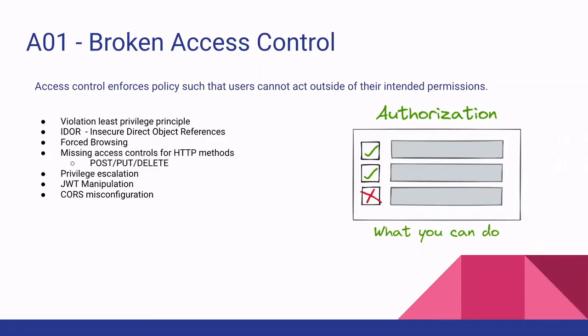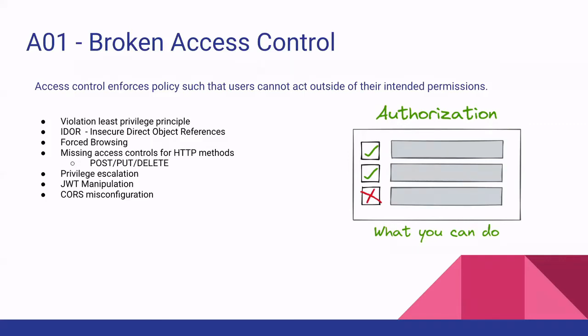Let's say I have an account and in the URL my account number is 123. After logging in I change that to 234. If 234 belongs to some other person, and I'm getting the data, it is called insecure direct object reference. There is no check that that particular account belongs to the logged-in user. We'll take an example of each of these.